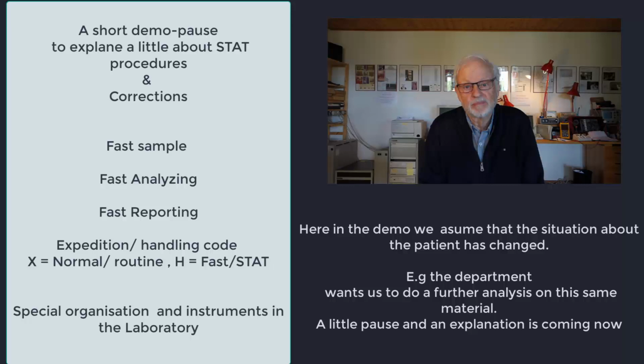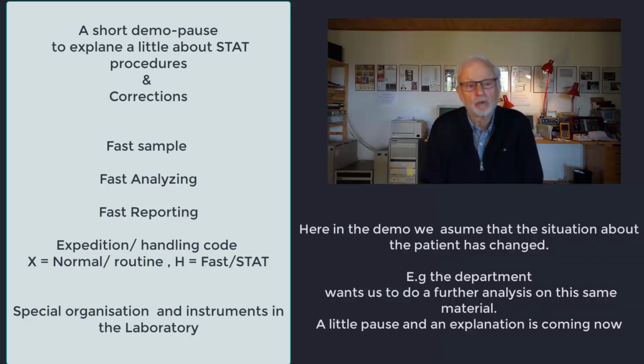But before I talk about corrections, I would like to talk a little about what we call stat analysis and handling codes. In the ideal world, the process regarding lab should be very fast. You should have fast sampling, fast analysis, fast reporting. But the amount of volume and other circumstances may force the laboratory to divide the processes into groups.